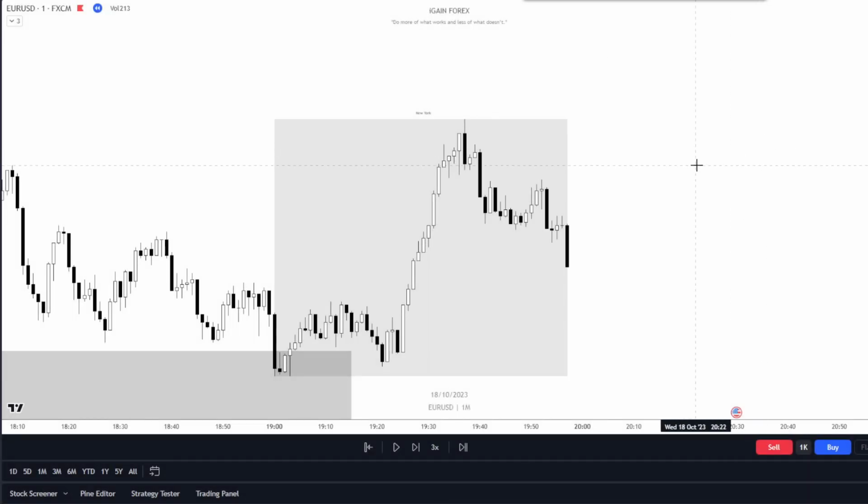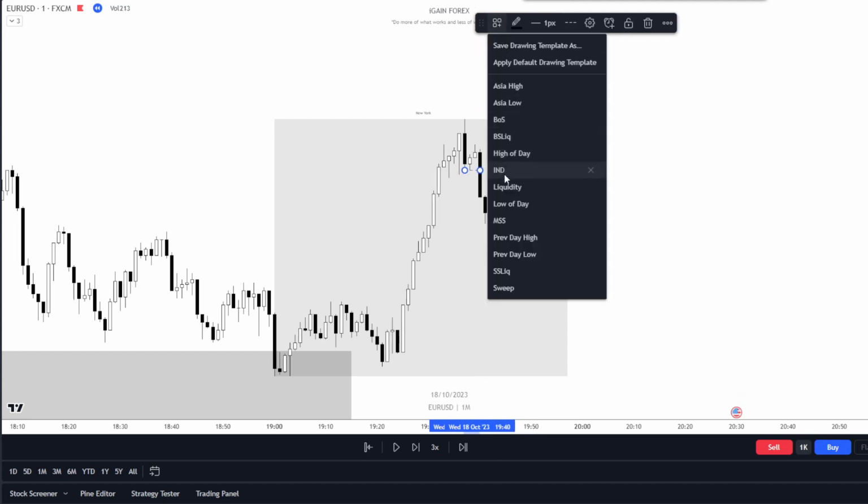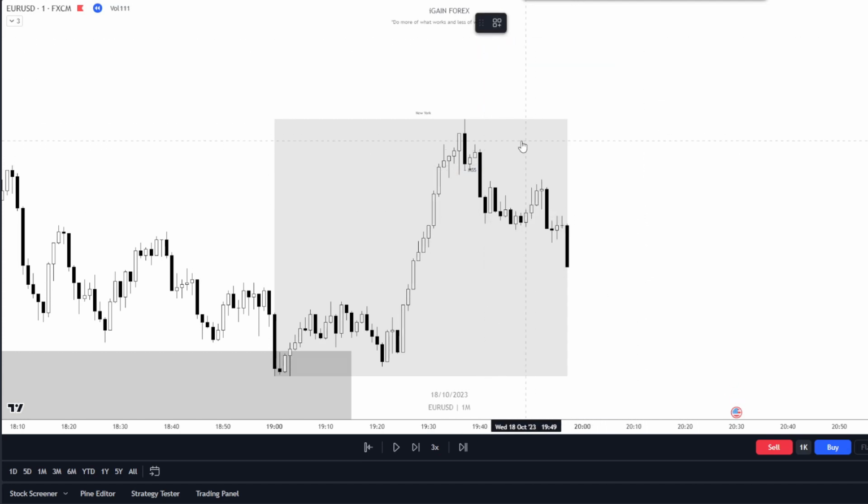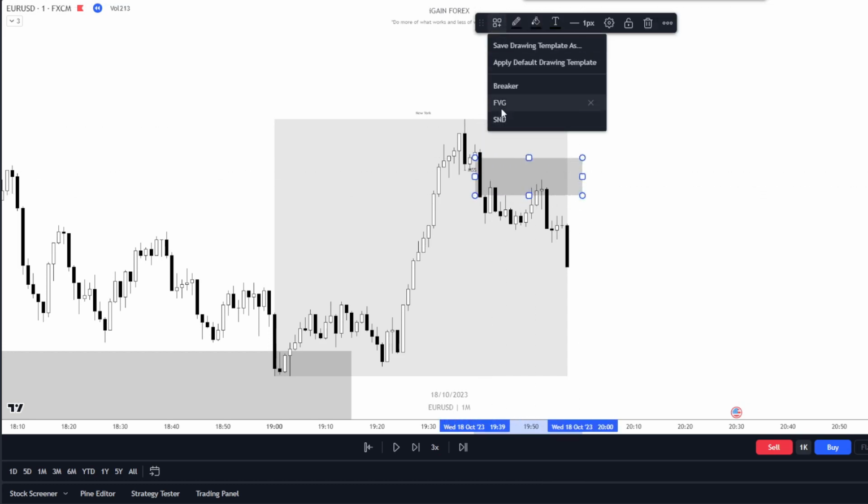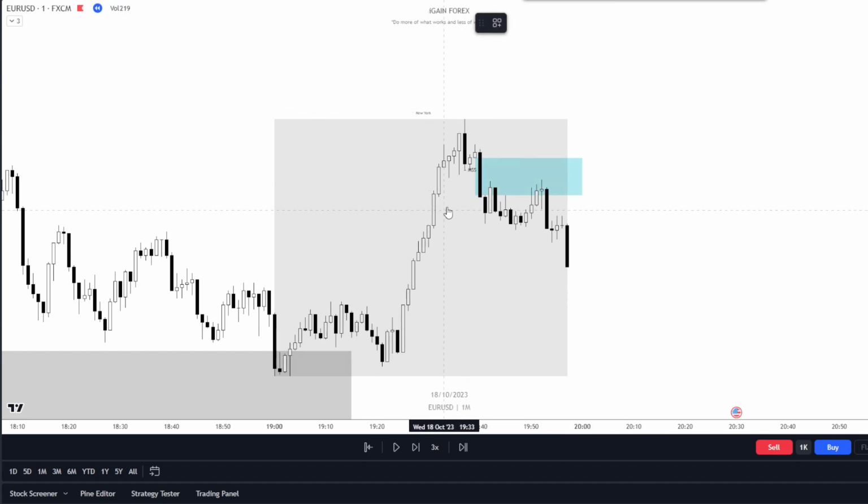Okay, guys. So let's say this is Euro USD. So we have here this internal market structure shift. We've seen this internal market structure shift, right? So as an ICT trader, we always enter our trade here at this FVG, or if we find a breaker block around this area, but there is no breaker, just this FVG.